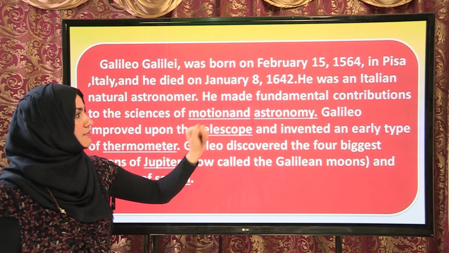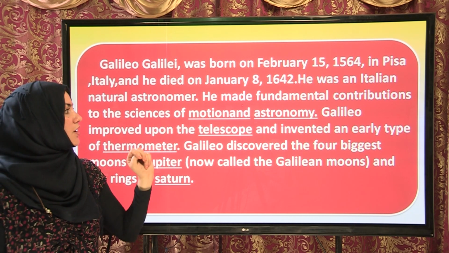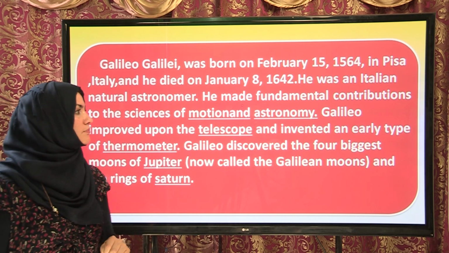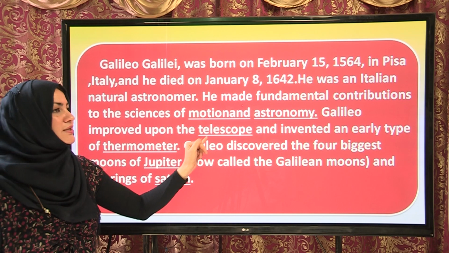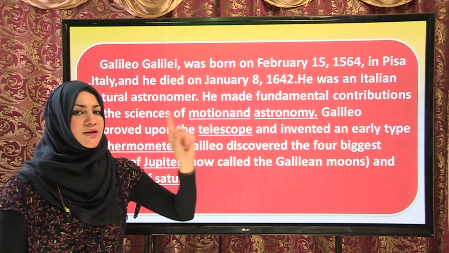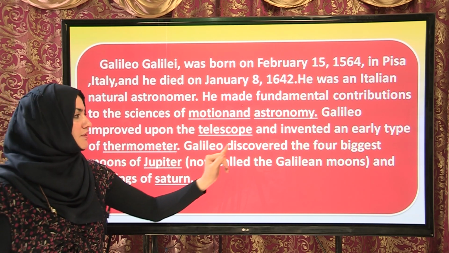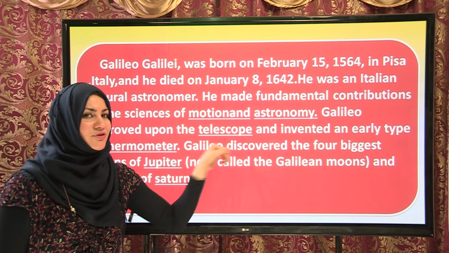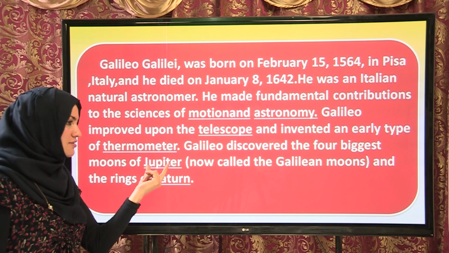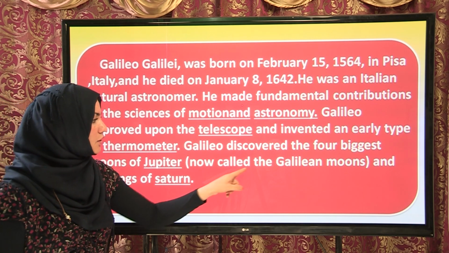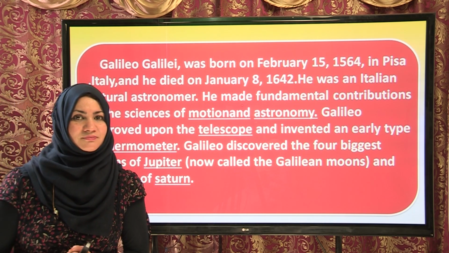He made fundamental contributions to the sciences of motion and astronomy, space. Galileo improved upon the telescope and invented an early type of thermometer. Galileo discovered the 4 biggest moons of Jupiter, now called the Galilean moons, and the rings of Saturn.